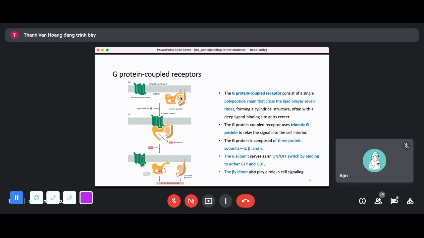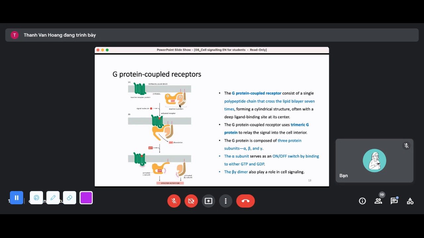Within the alpha, beta, gamma subunits, the alpha subunit can bind to GDP or GTP, and this controls its activity. When it binds to GDP, the alpha subunit and the whole G protein is inactive.